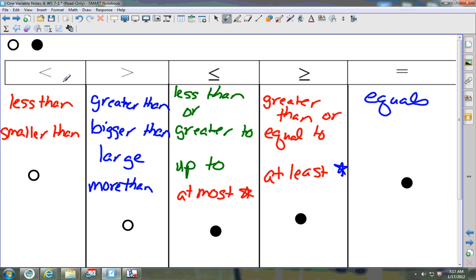When it's less than, you're going to be shading towards the left. Greater than, you're going to be shading towards the right. Less than or equal to, you shade to the left. Greater than or equal to, you shade to the right.